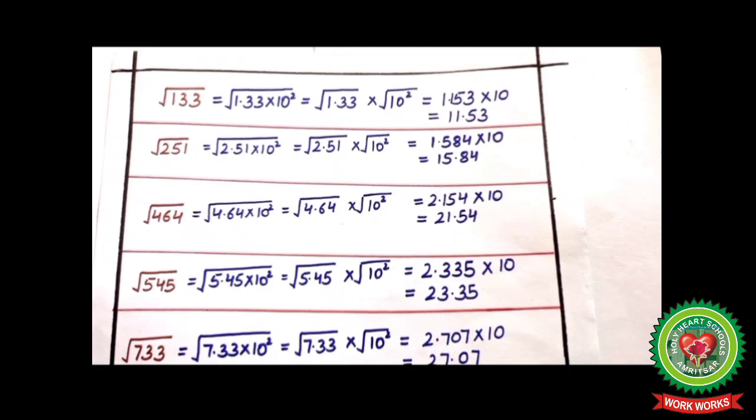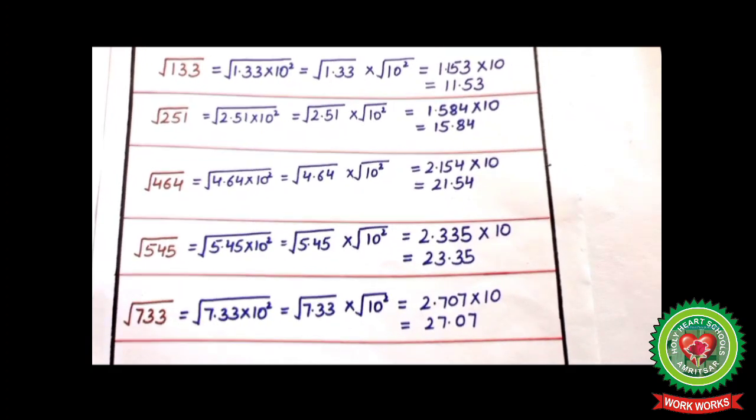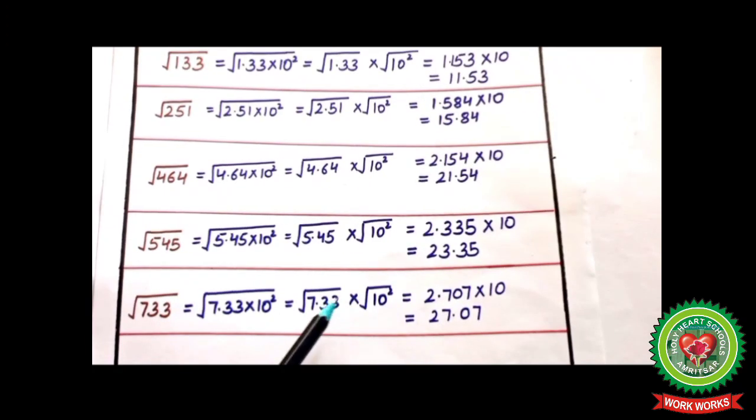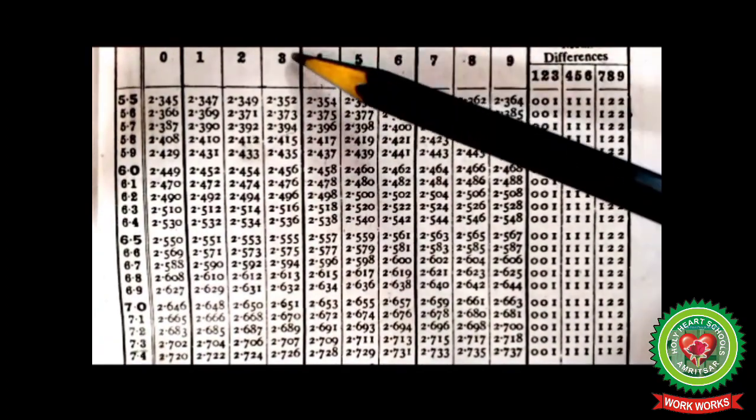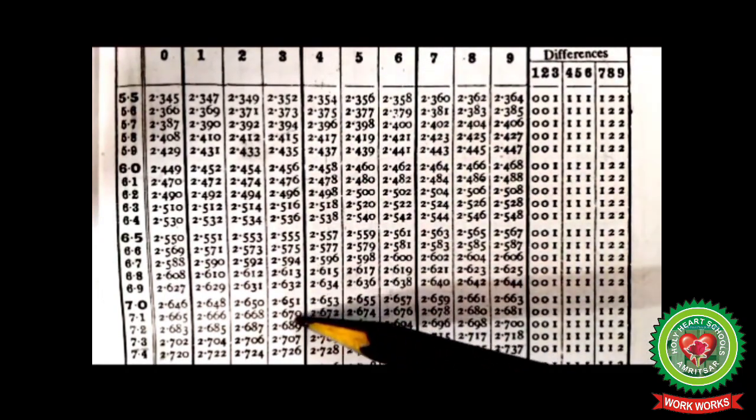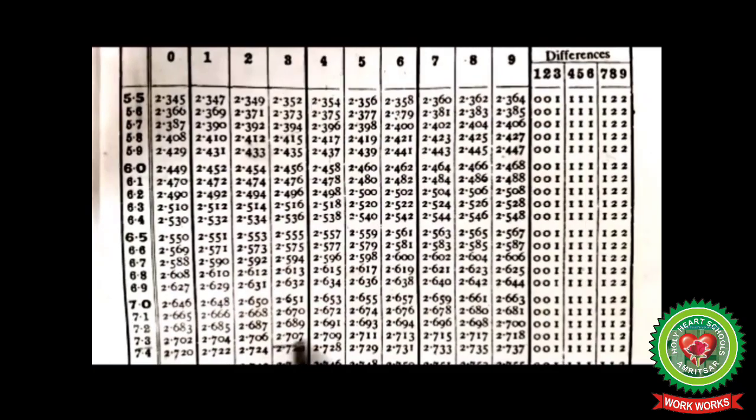Then the answer is 23.35. Now the next example is square root of 733. So square root of 7.33 multiply 10 square, then separate the roots. Square root of 7.33 multiply square root of 10 square. Square root of 10 square is 10 only, and the value of square root of 7.33 we have to check from the log table, from 7.3 till 3. In the 3 column, in front of 7.3 the answer is 2.707.